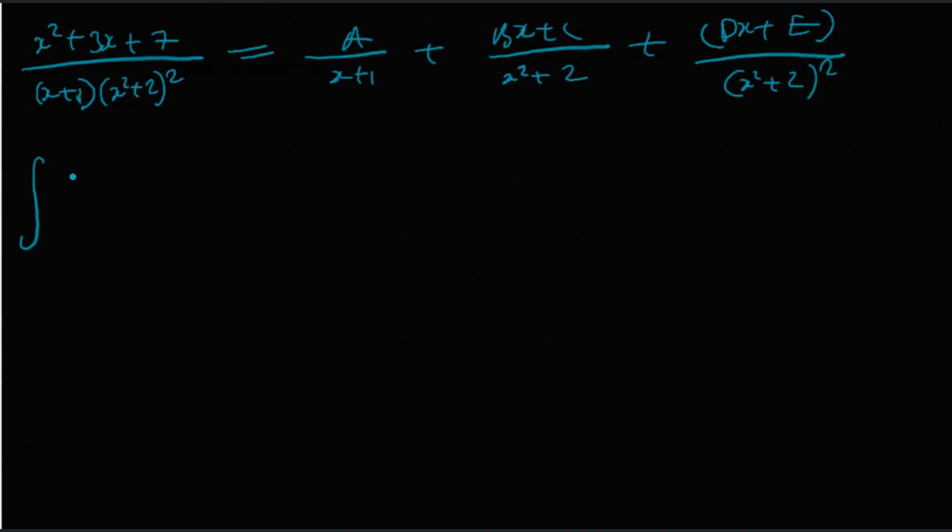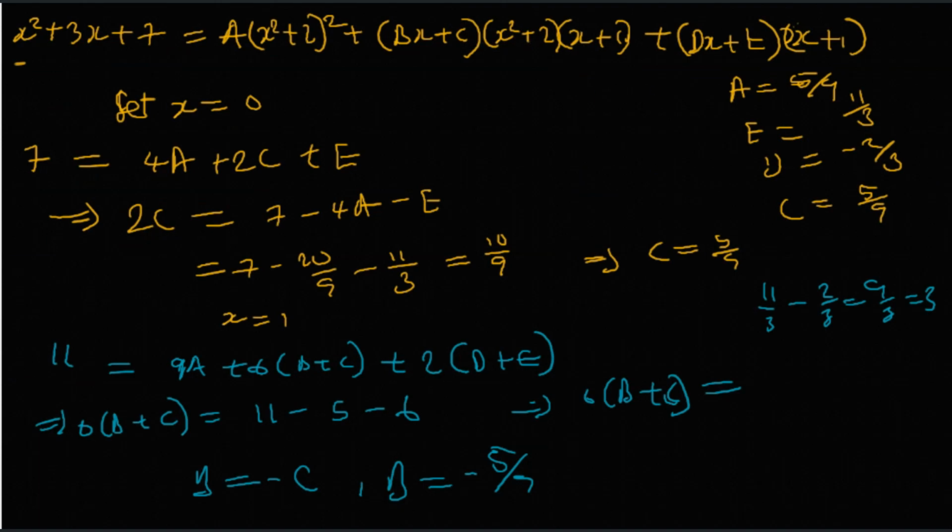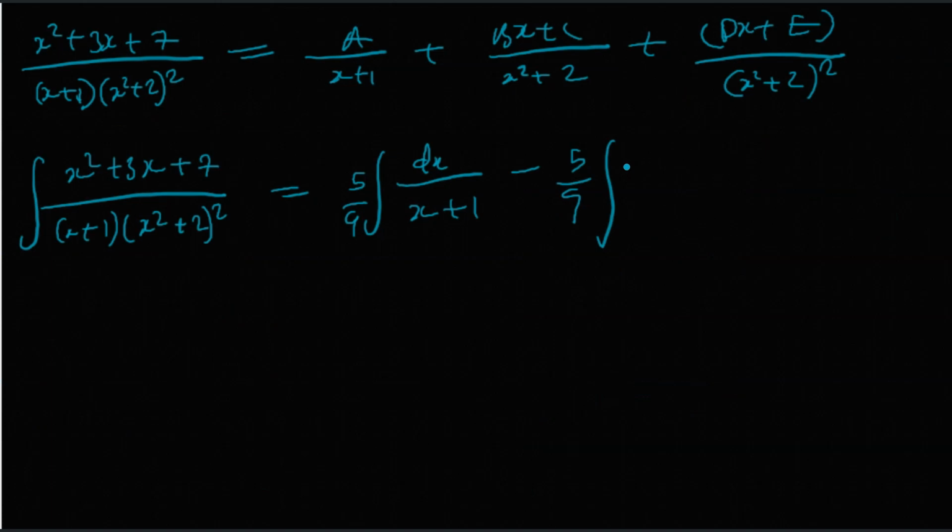Therefore this integral would be equal to A, which is 5 over 9, times the integral of dx over x plus 1, plus B and C are equal, we are told. So that would be B, that is negative 5 over 9. Let me be sure. Okay. Yeah, so that is negative 5 over 9 times the integral of x plus 1 x.